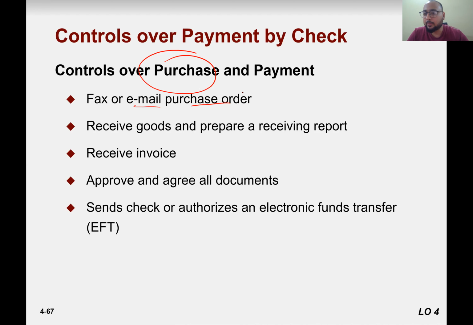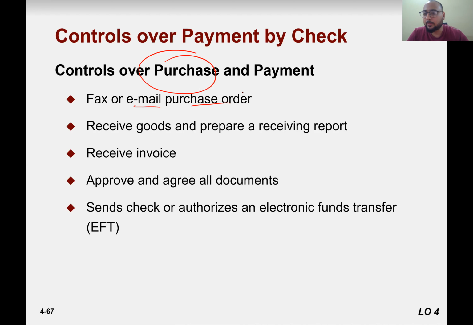Why? Because before the order is booked, you must first circulate the purchase order or fax us the purchase order so that it can be approved by the purchasing department and then by the finance or accounting department as well.